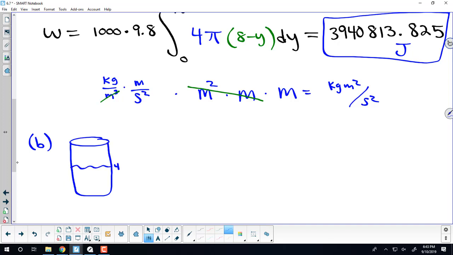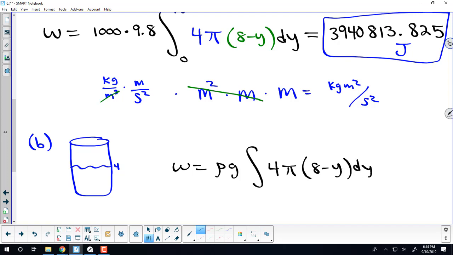What changes in our work integral? The bounds, right? The area of the cross sections doesn't change. The height of the container, still 8, doesn't change. But if it's half full, then all of our cross sections are only running from 0 to 4. So the only thing that changes when it's half full is the bounds.